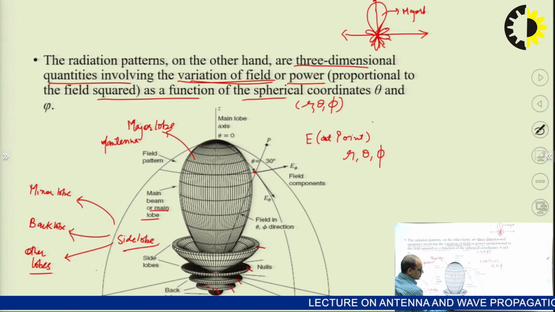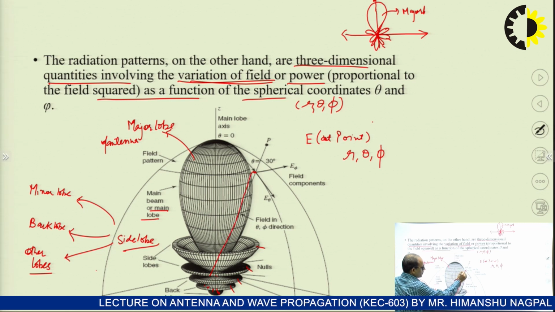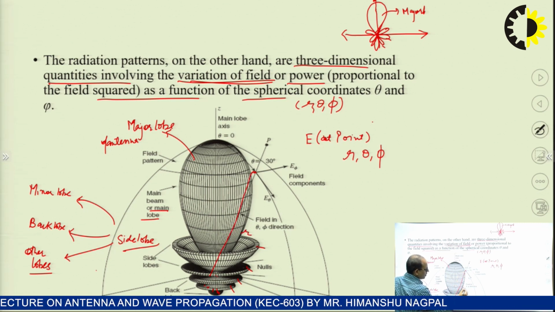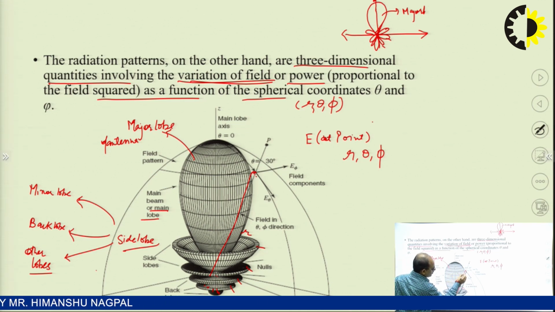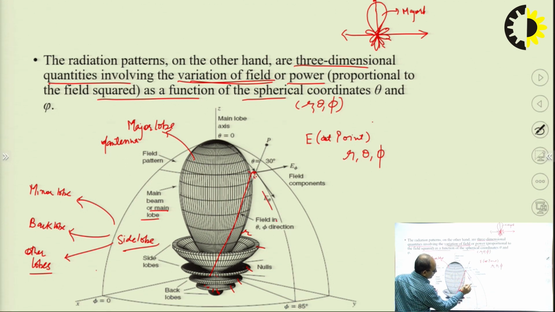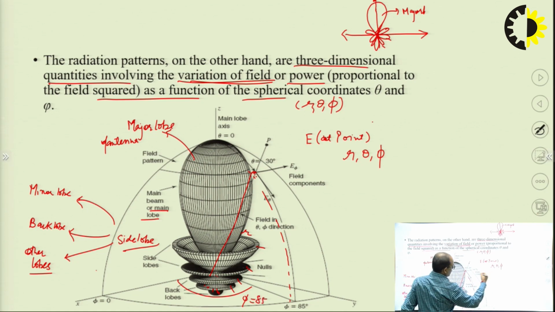Let's say the origin, where the antenna is placed, is here, so this gives the direction of r. The phi transformation of this point will be in the xy plane, in this direction, and this gives the phi. Let's say this phi is 85 degree.